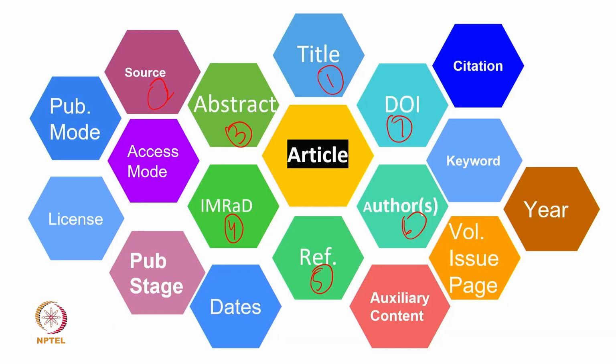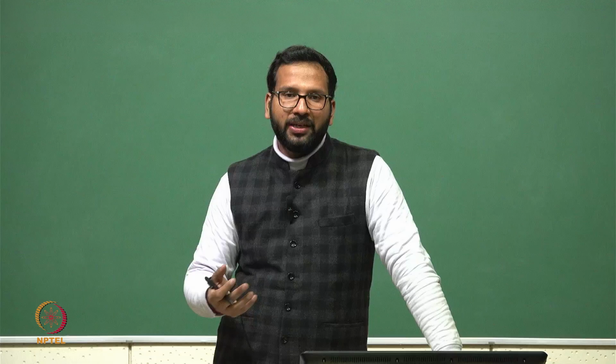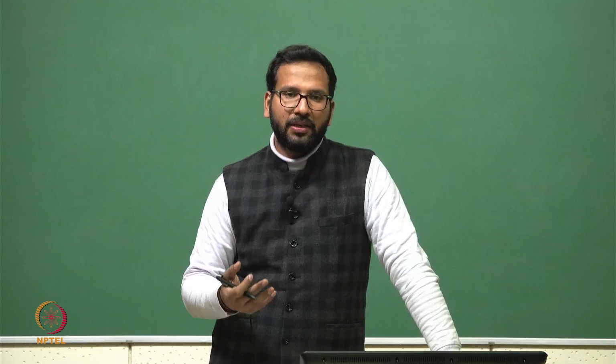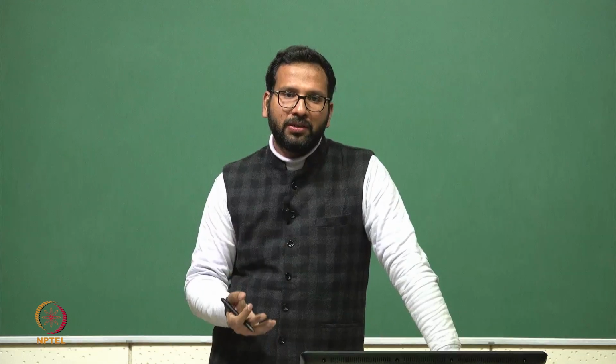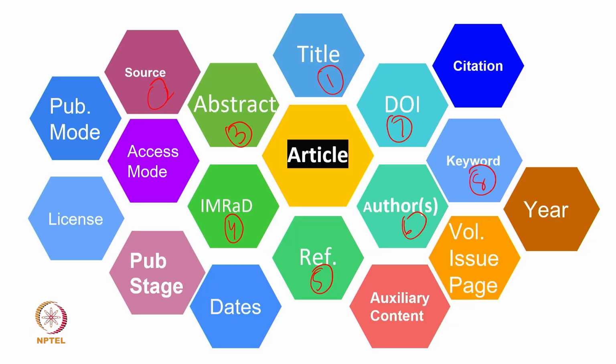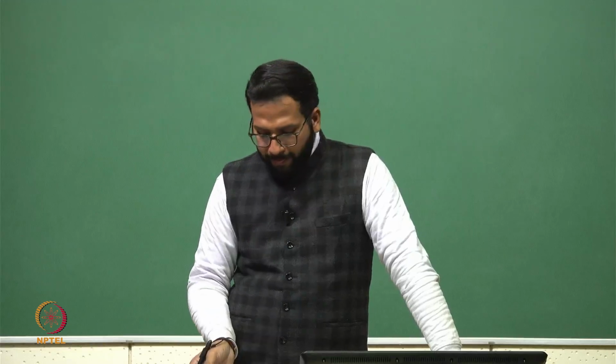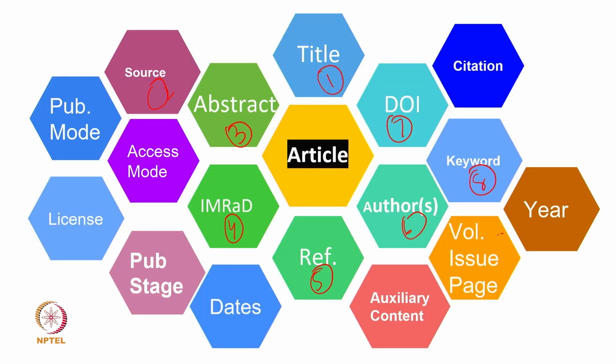Then another attribute of an article is keywords. Keywords are the specific words or phrases that represent the main topics, themes, or concepts covered in the study. These are the keywords supplied by the authors during submission of the article to the source. Then another attribute is volume, issue, and page number.